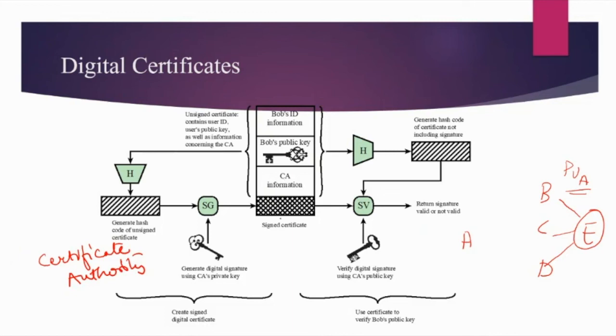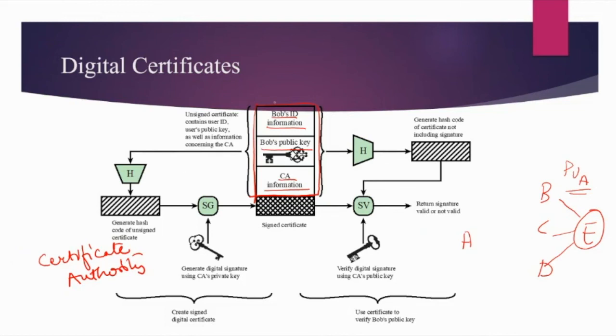Suppose Bob wants a certificate. What does Bob have to do? Bob has to create his ID and his public key, and select one certificate authority. He puts all this information together and gives it to the certificate authority. Now, what will the certificate authority do?